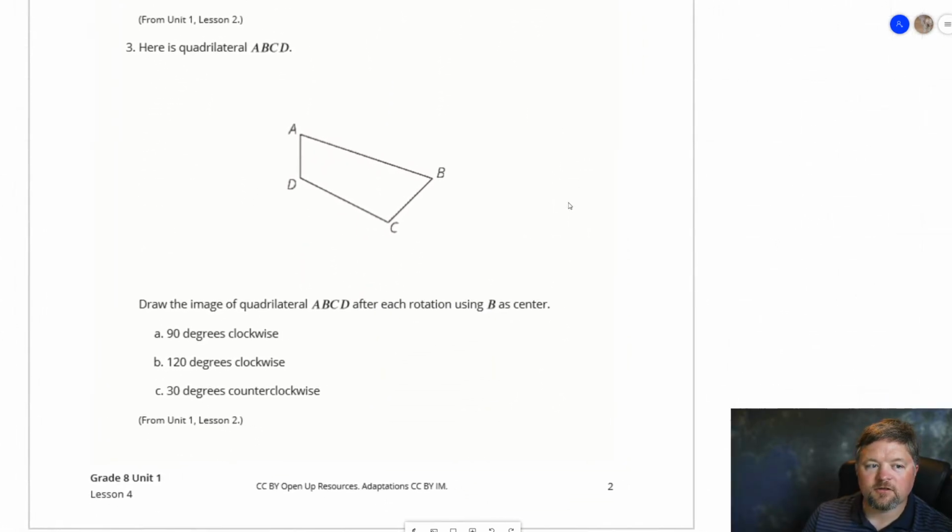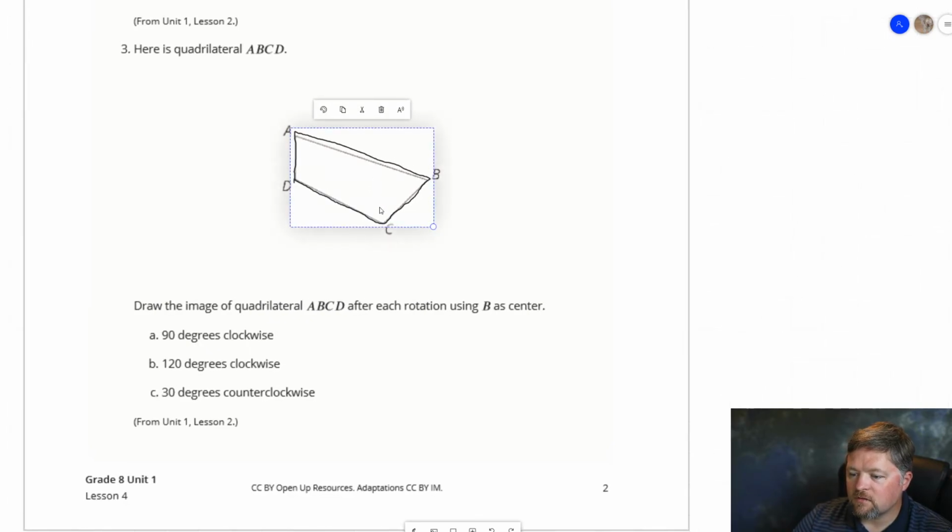Here's quadrilateral ABCD. Draw the image of quadrilateral ABCD after each rotation using B as the center. So we want to rotate ABCD using B as the center point. 90 degrees clockwise.